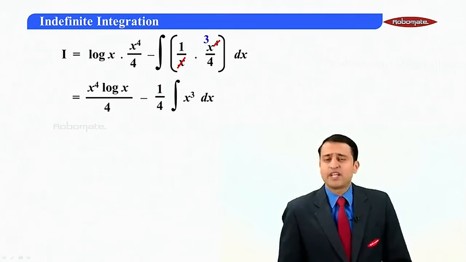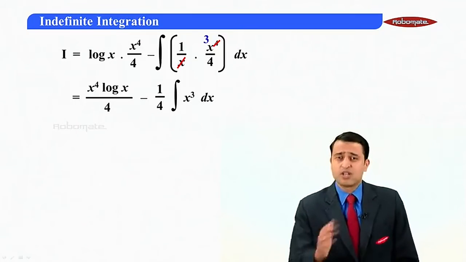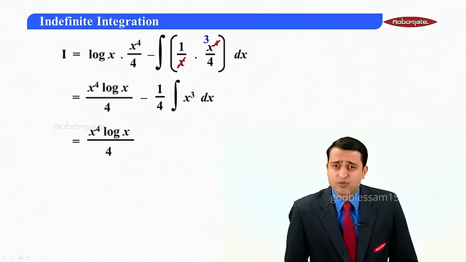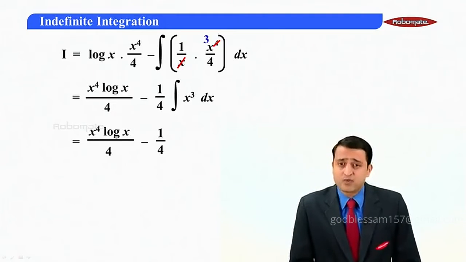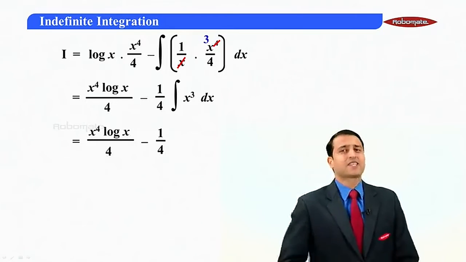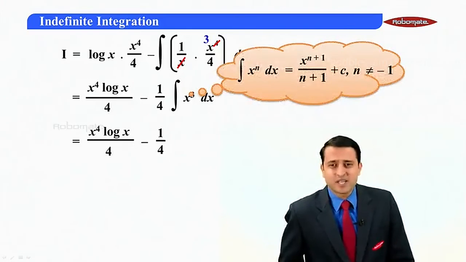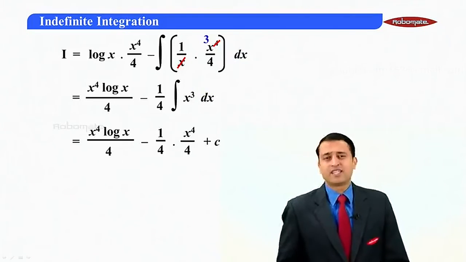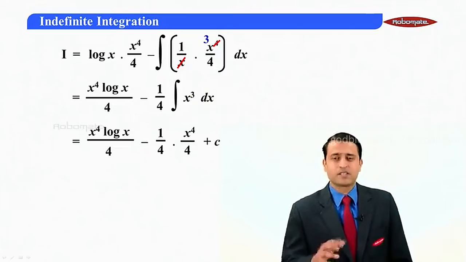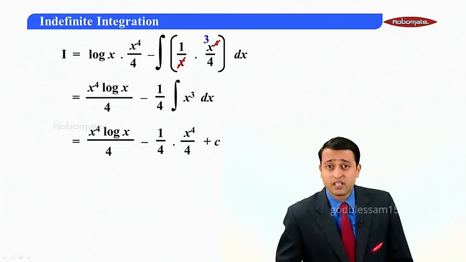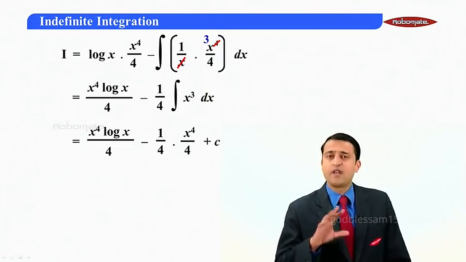So I have to evaluate integral x cube dx. So let's rewrite this as x raised to 4 into log x by 4 minus 1 by 4 as it is, and integral x cube we have seen earlier is x raised to 4 by 4, and since integration is over, a plus c. We are done with the integration part, the evaluation part.